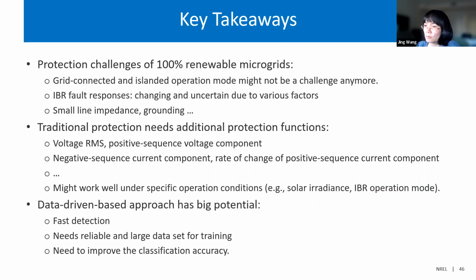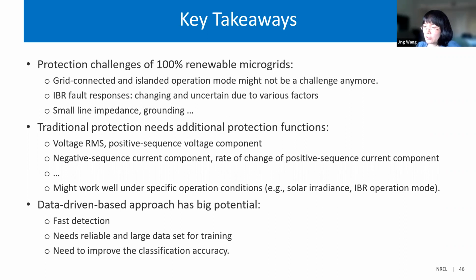The IBR fault response is very changing and uncertain due to various factors like operation mode, solar irradiance, weather conditions, IEEE 1547 grid compliance, and different controls. Definitely very challenging for the protection design. Plus, small line impedance and the groundings also affect the protection design for the microgrid.